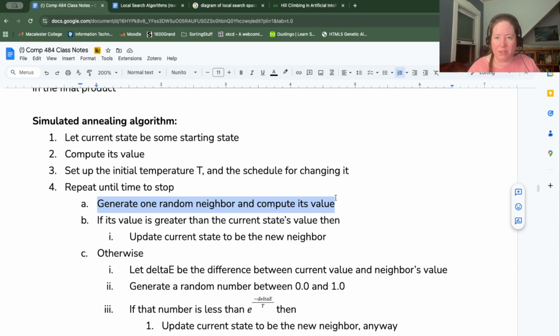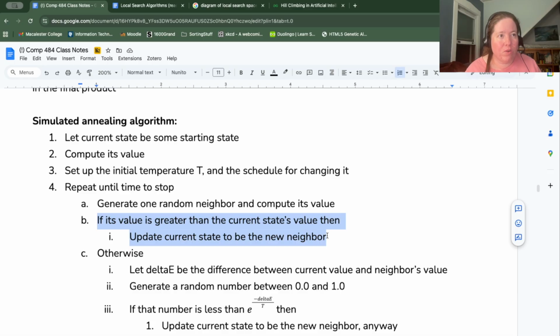and we're computing its value. So the way that simulated annealing usually works is if you generate a neighbor that is better than your current state, you just always take it. So if you find a neighbor that would take you uphill, you don't worry about randomness. You just go uphill.